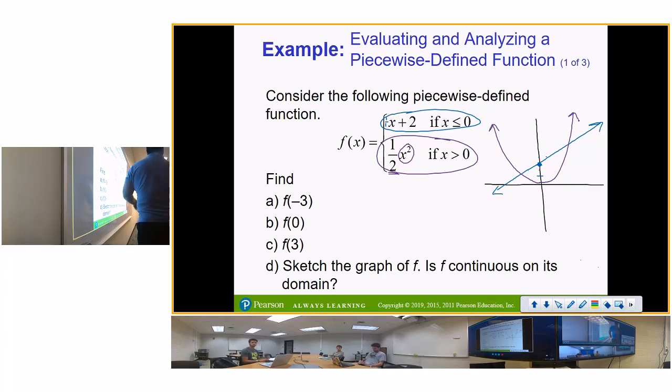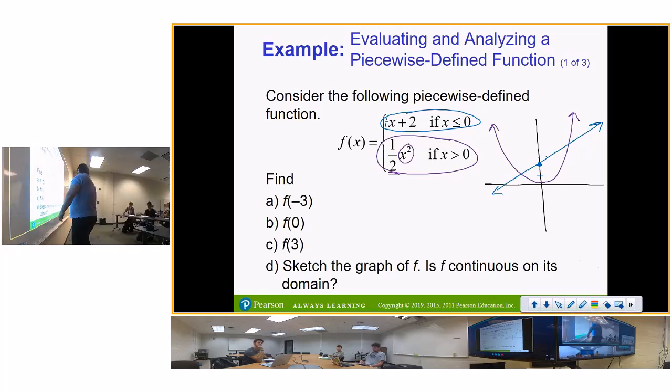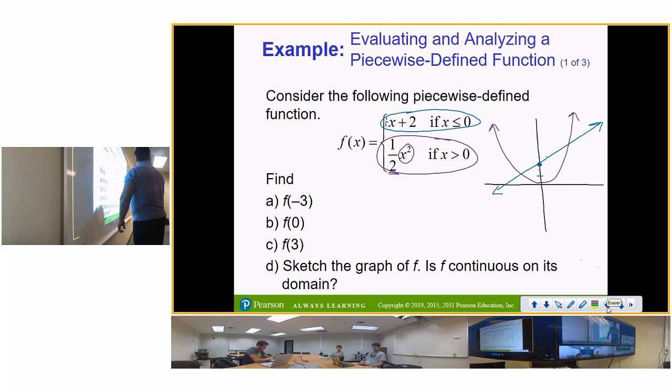Now I'm going to erase what's not included in the blue domain and the magenta domain. So I'm going to take my handy-dandy eraser. Where is x less than or equal to 0 on the blue line? Everything to the left, right? X less than or equal to 0 is over here, right?